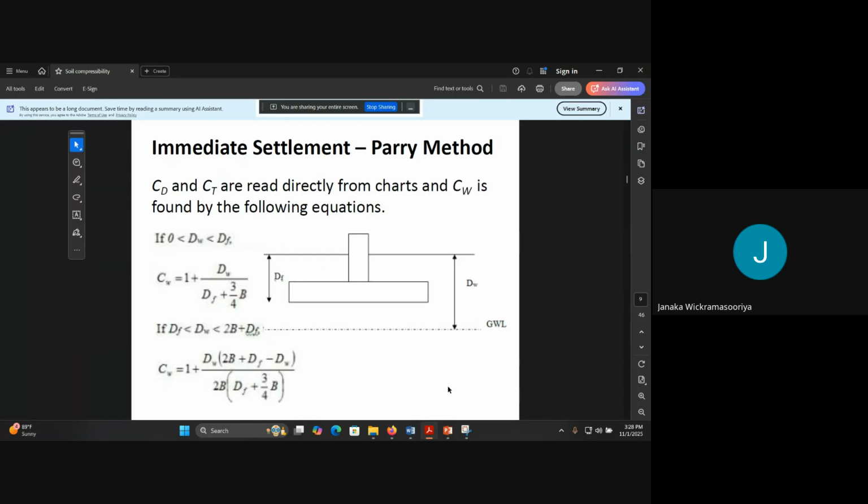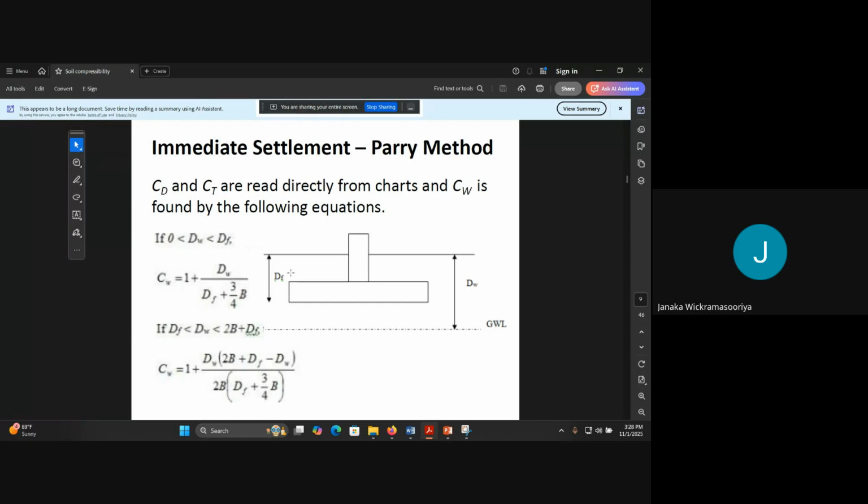And this is how you can determine CD, CW and CT. You can determine CW using this equation: 1 plus dW over dF, plus 3 upon 4 times B, where dW is the depth to the groundwater table, and dF is the foundation depth.